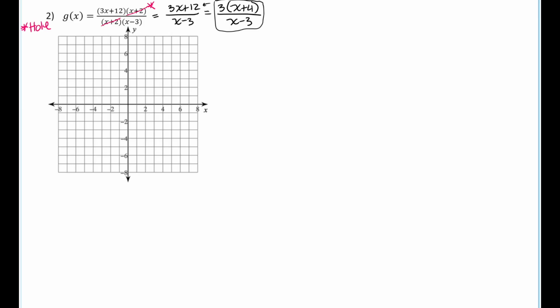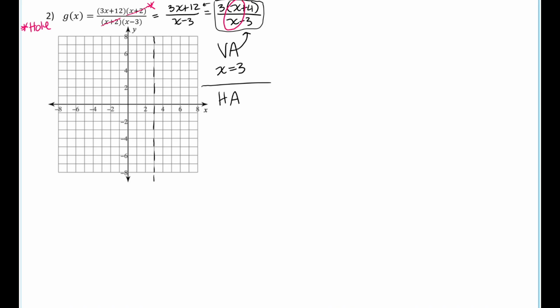Otherwise, let's go ahead and find the asymptotes. Vertical asymptote. Remember, we just look at the denominator. 3 is what would make this equal 0, so x equals 3 is our vertical asymptote. We'll graph that. Okay, horizontal asymptote. The same thing is happening as before. My x's have the same exponent, which is 1.